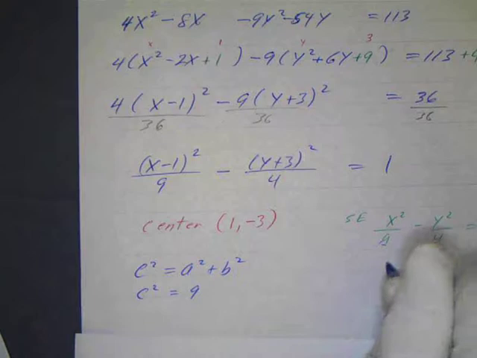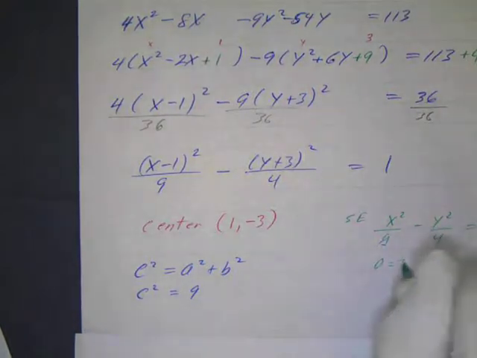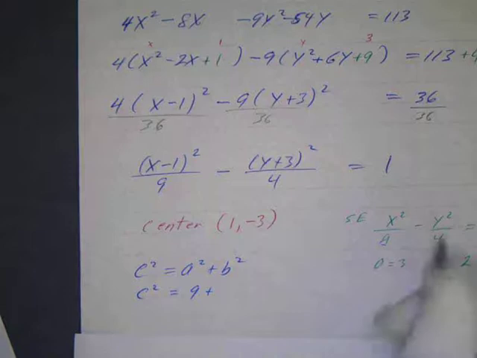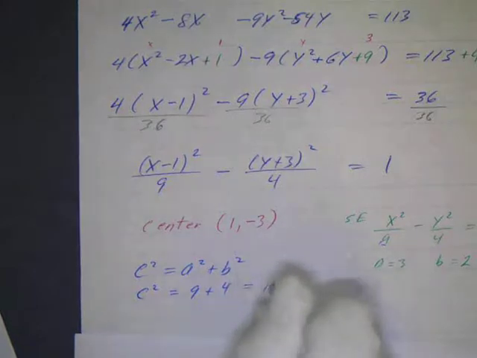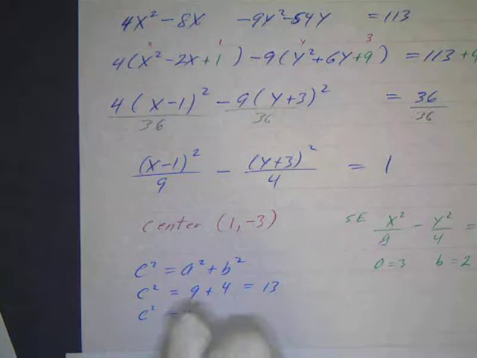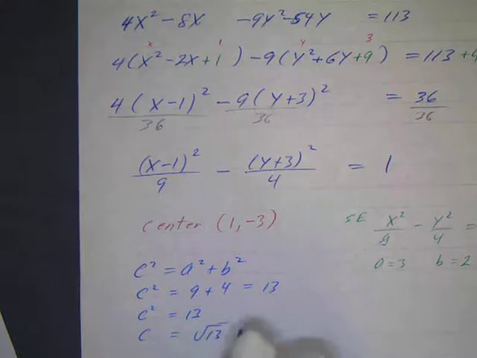I could actually say over here that a equals 3 and b equals 2. That's your a squared and b squared. So 9 plus 4 is equal to 13. So c squared equals 13. So c equals the square root of 13. And we can approximate that by 3.6.